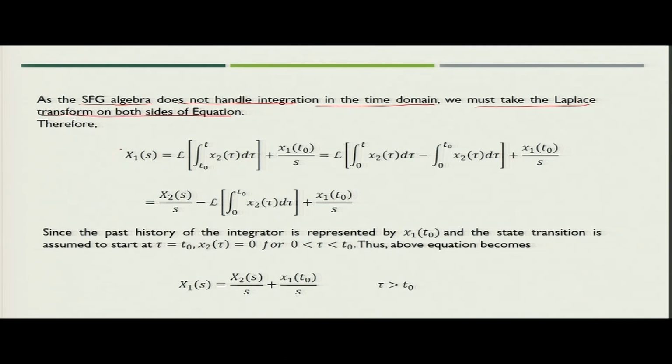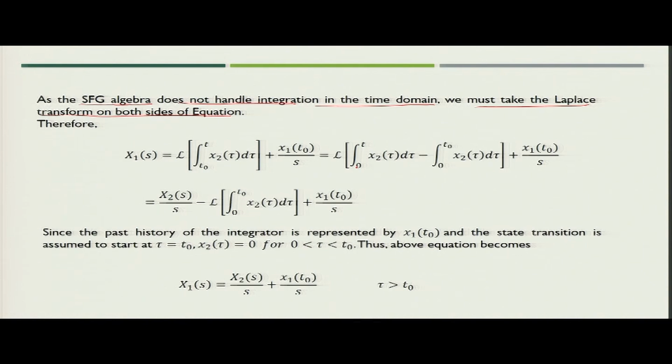So, we can write x1(s) is nothing but the Laplace of the integration from t naught to t of x2 d tau, plus x1(t naught) by s. Now, you can separate this integration into two parts.